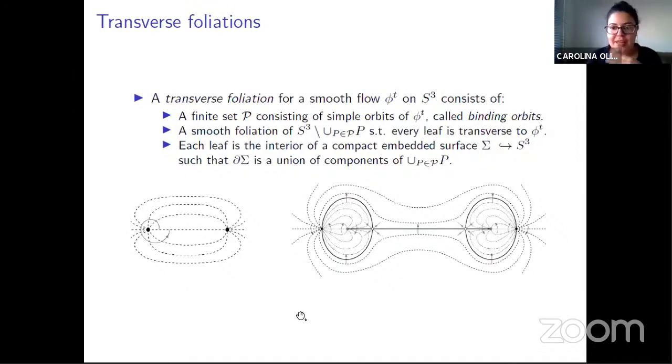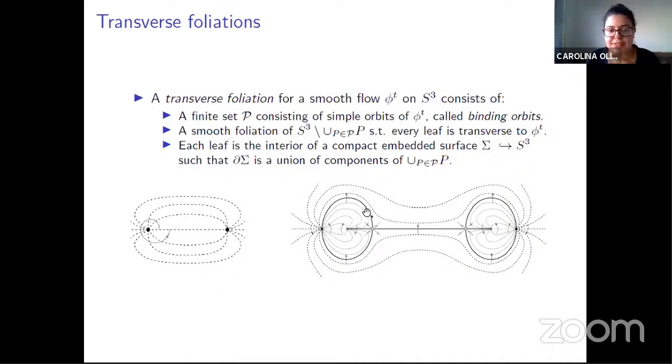So this is the simplest case of a transverse foliation, where you have just one family. But in general, you can have several different families. You can have rigid leaves that are not part of a family, or you can have families parameterized by intervals, with boundary in different subsets of the binding orbits. The idea of a transverse foliation is that you can somehow organize the flow.